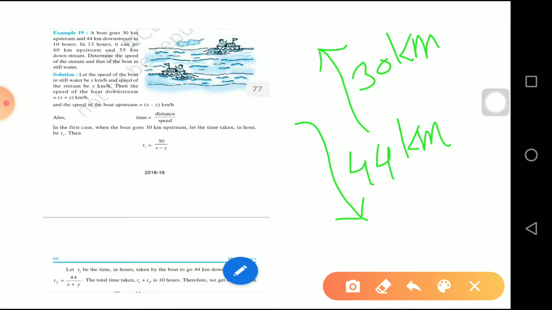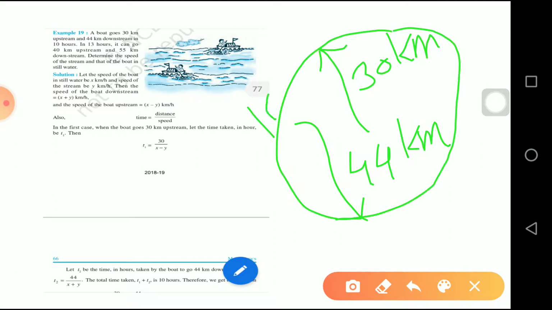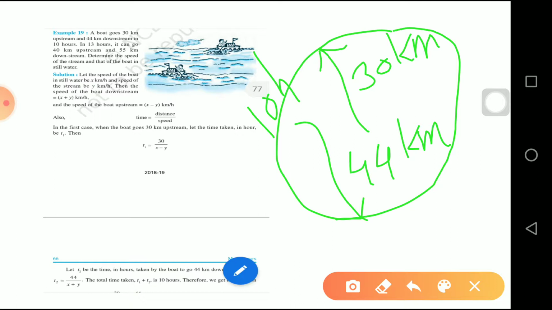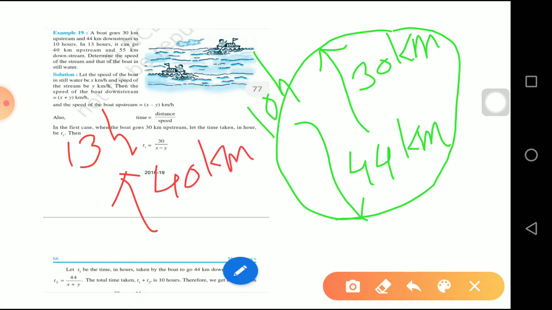After that, in 13 hours it can go 40 km upstream and 55 km downstream.